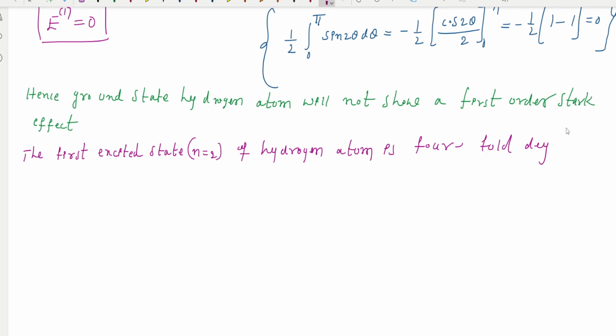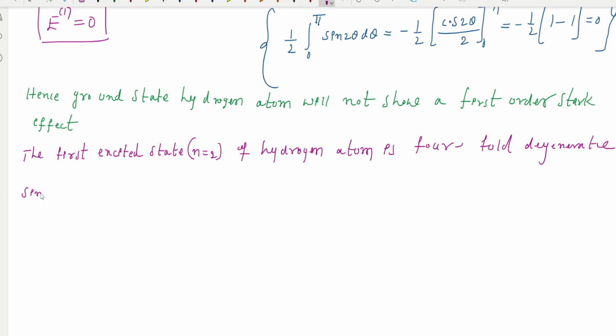We don't explain here the two-fold degeneracy and other degeneracies; the previous class is there. Go and watch the previous class, and you can understand what the two-fold degeneracy and four-fold degeneracy are.